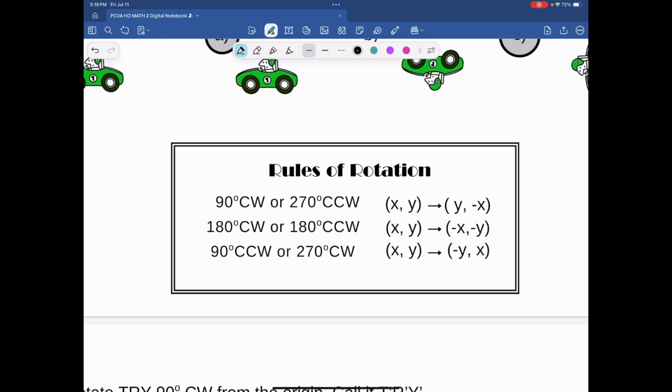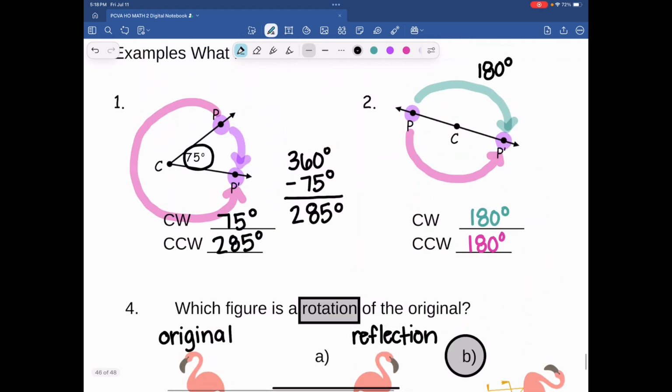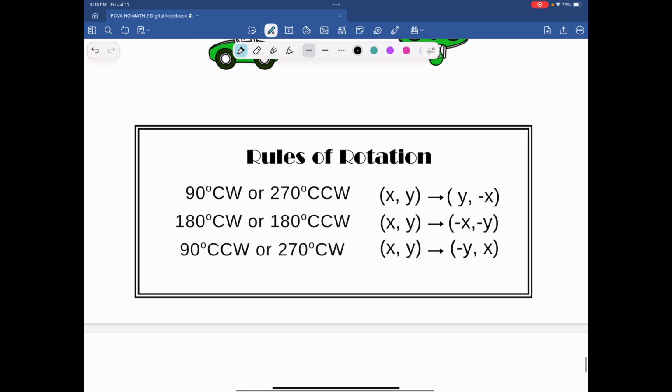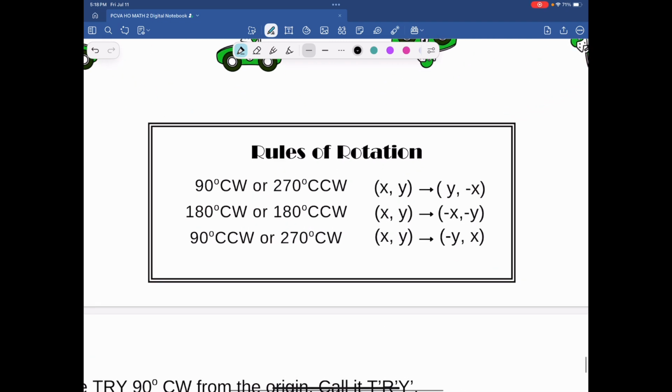Some of these go together because they would be in the same position. So remember, 90 degrees clockwise is 270 counterclockwise, because we had talked about earlier that they should always add up to be 360. So if we do 90 degrees clockwise or 270 counterclockwise, the rule here is that if we have an X and a Y, we flip the X and the Y, but then the X value, we're going to change the sign.